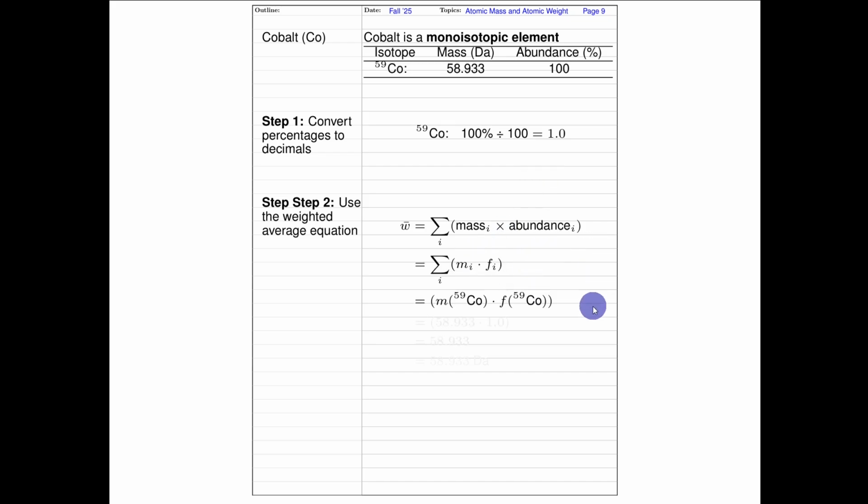So if we convert percent abundance into decimals, 100% is converted into decimal form of 1. We use the same weighted equation, the mass times the abundance. And here, because we only have cobalt, we take the mass given in the table of cobalt, 58.993, multiply by its fractional abundance, 1. And we come to the weighted average is the same as the atomic mass.